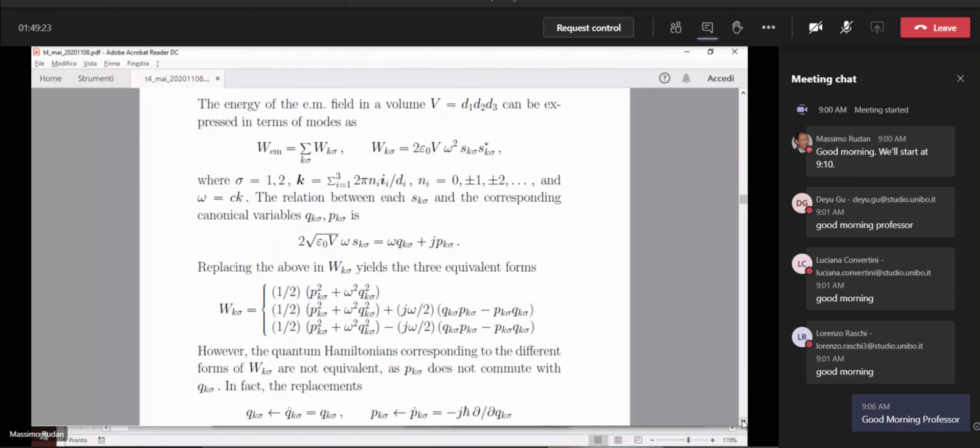Of course, we have one Q and one P because S is complex. So S is actually two quantities, the real and the imaginary part.